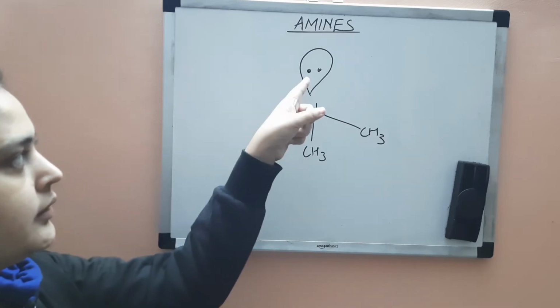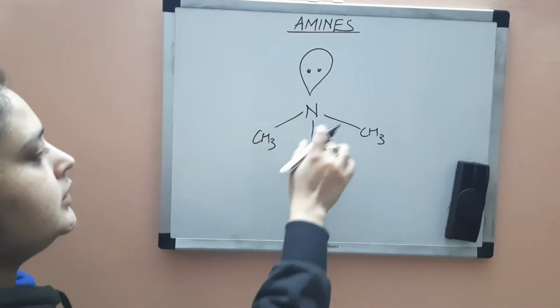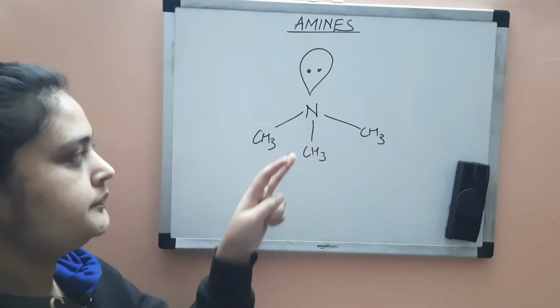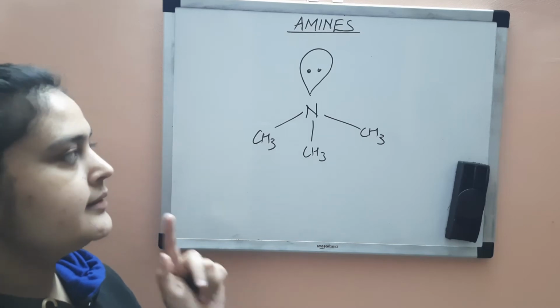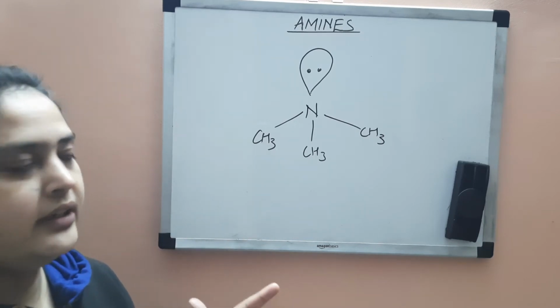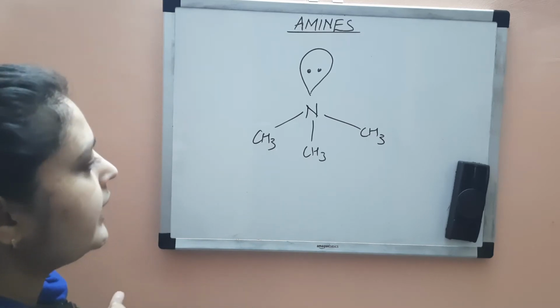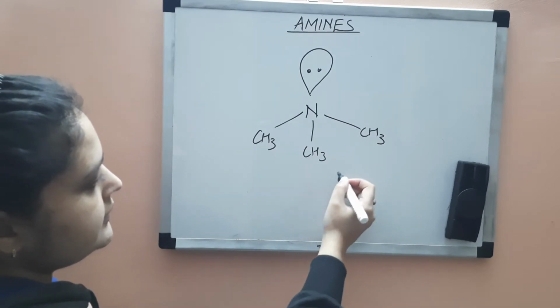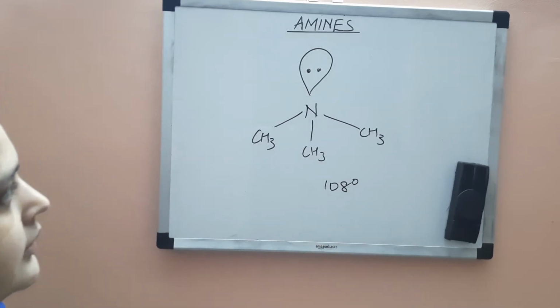Due to the repulsion from this electron pair, the angle between the two methyl groups is not a tetrahedral angle, that is, it is not 109.5 degrees; instead it is less than that. So what will be the angle? Here in this case it is 108 degrees. So this is about the structure of the amine.